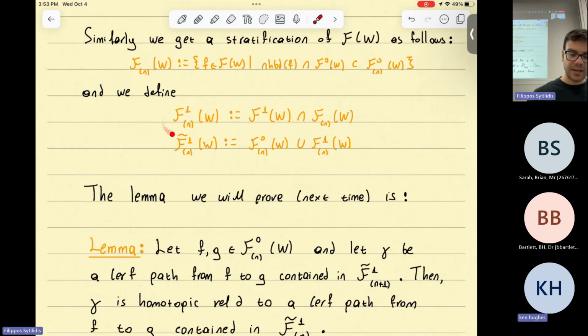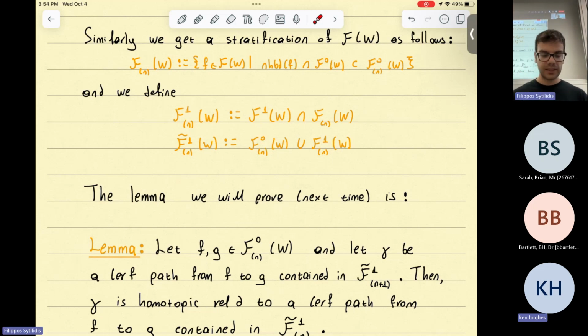I get to define F1 sub n of W to be the intersection of F1 of W with this, and likewise I can take F1 sub n union F0 sub n, and I'm going to call it F tilde 1 sub n.